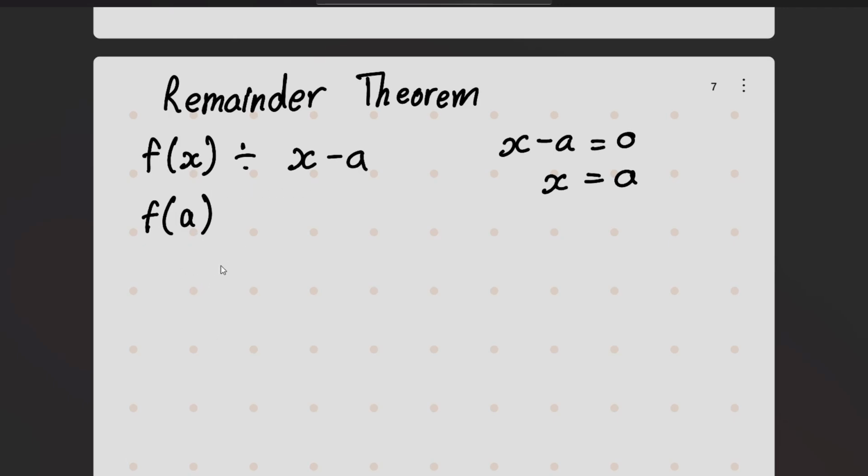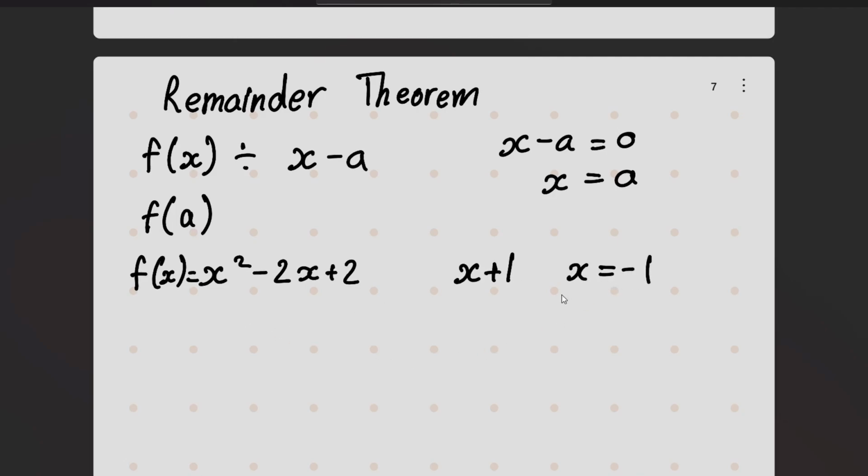And like we had just done with our previous example of x squared minus 2x plus 2, say this is your function of x, and we had divided with x plus 1. So in this case, your x value is just negative 1. And we're just going to replace this over here.